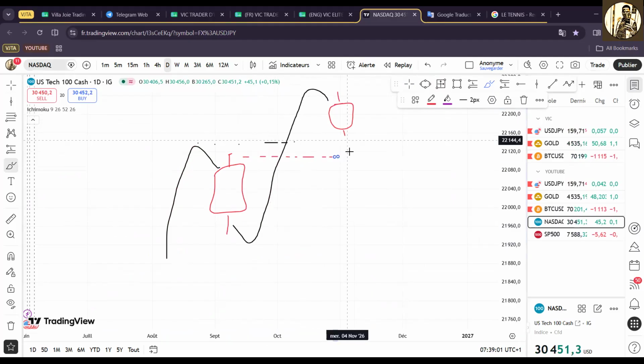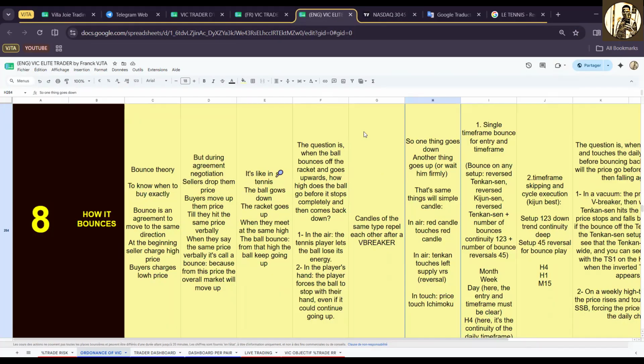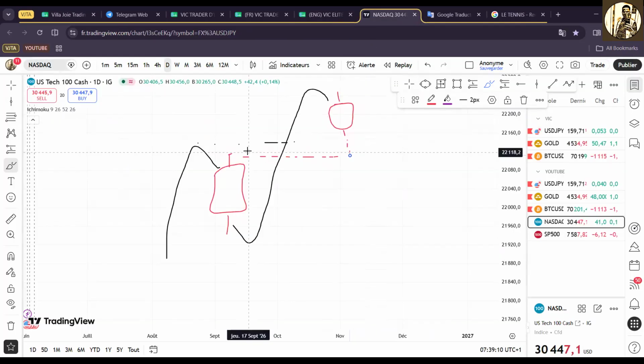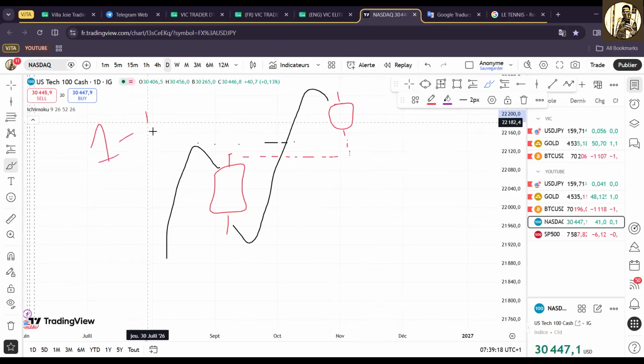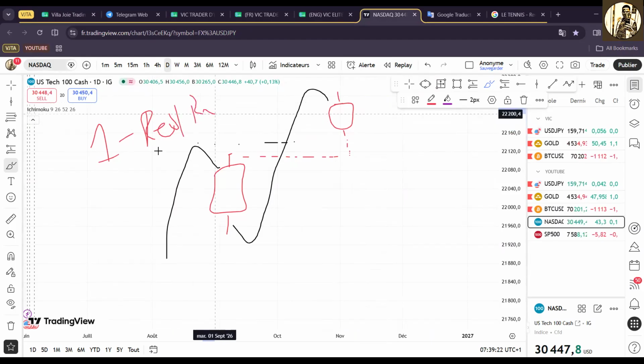And what I mean on this part is that the bounce theory is the fact that when you look at the screen, two things must repel themselves. The first element of the bounce theory is the red pullback.